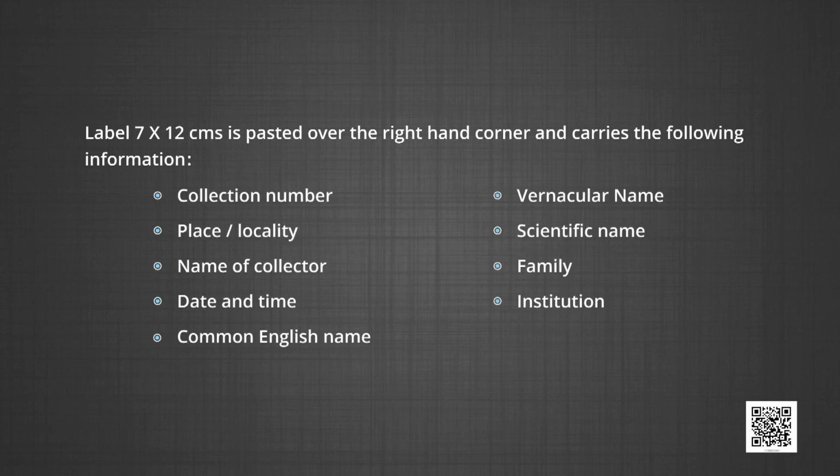A label 7 by 12 centimeters is pasted over the right hand corner and carries the following information: collection number, place or locality from where the specimen has been collected, name of the collector, date and time of collection, common English name, vernacular name, the scientific name, family and the institution.